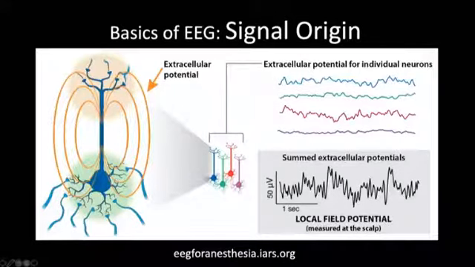So we've got all these various neurons, and they have electrochemical signals going down their axons, and they create these extracellular potentials or electric fields. When you get a group of them, each one creates its own little signal, and when you put them together, they create a local field potential that we can measure at the scalp.